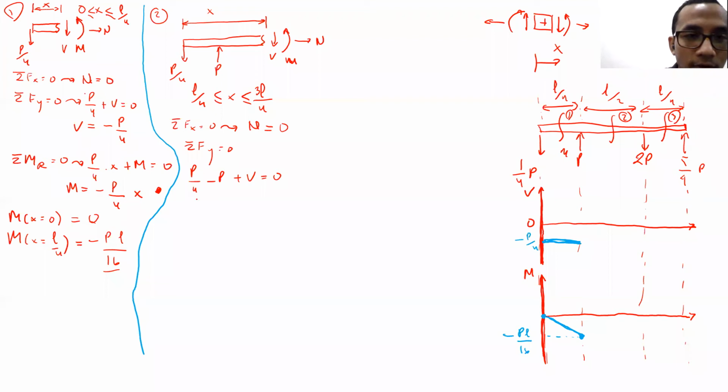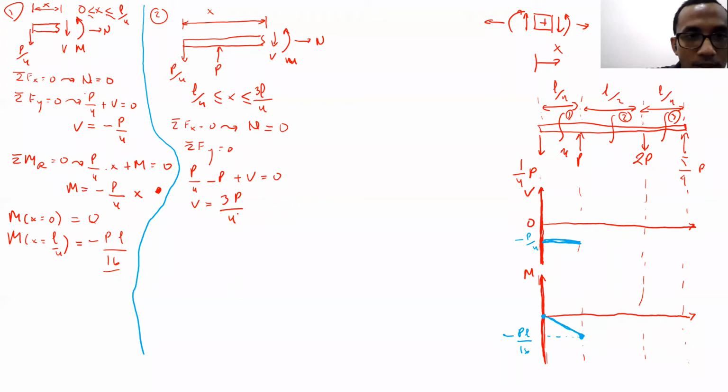So what is the value of V? The value of V will be P minus P over 4. So 3P over 4, right? Yes. Positive or negative there? It will be going up. Positive, right? Yes, positive. Okay, so this one is positive.